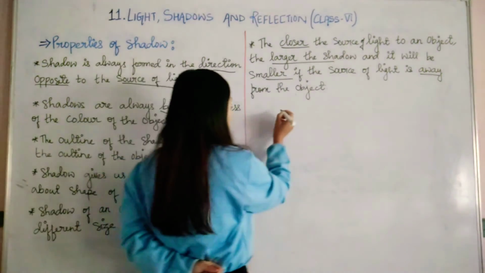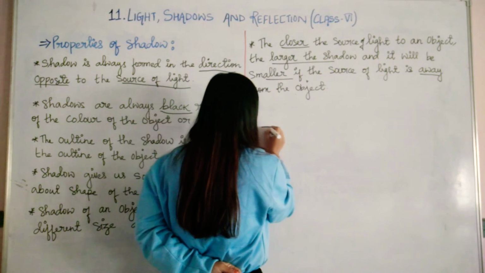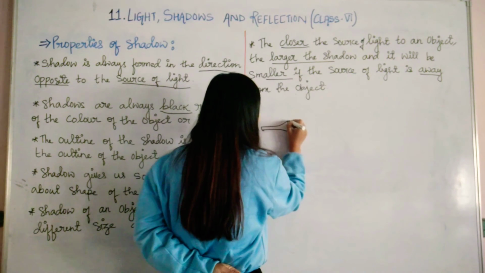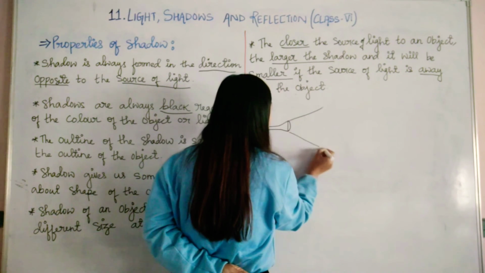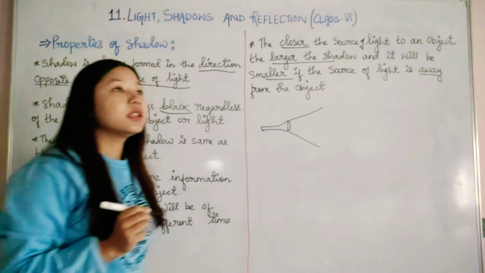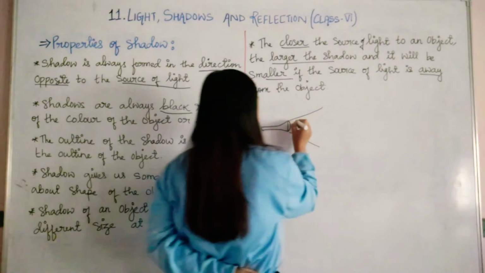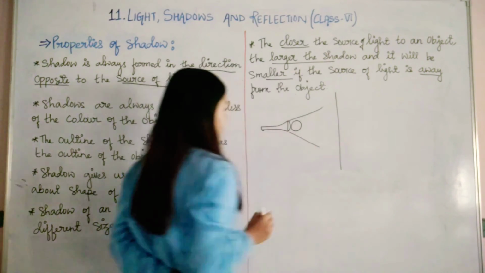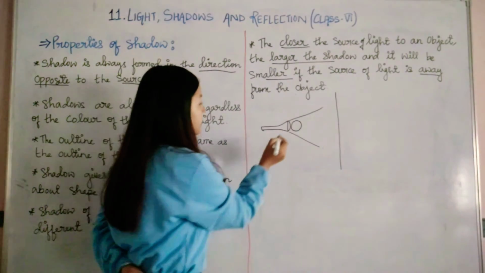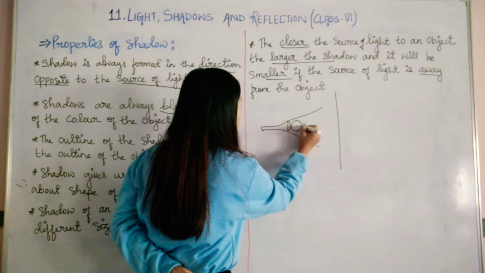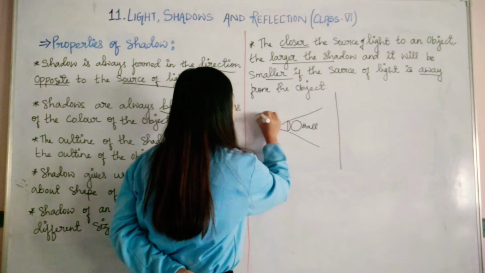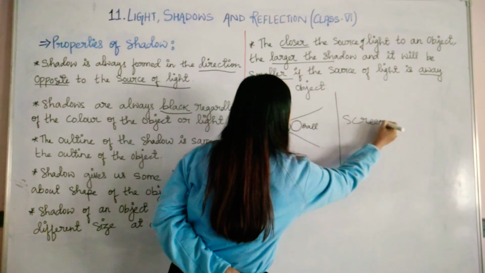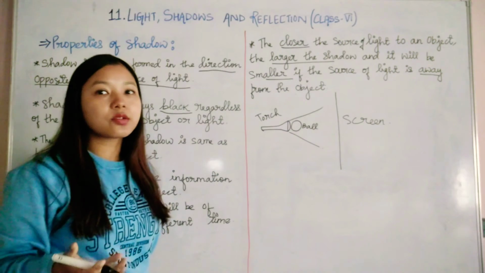Let me explain this with the help of an example. Let's say I have a torch light here, and it is giving out light rays. Let's say I have a ball here. This is my screen, say a wall or any screen.